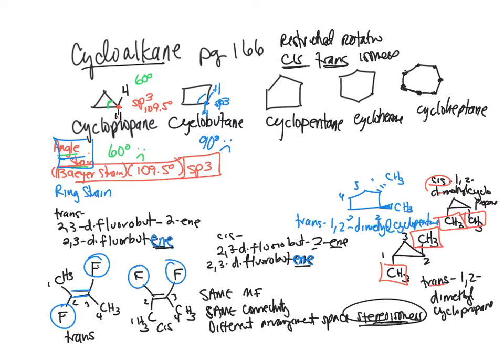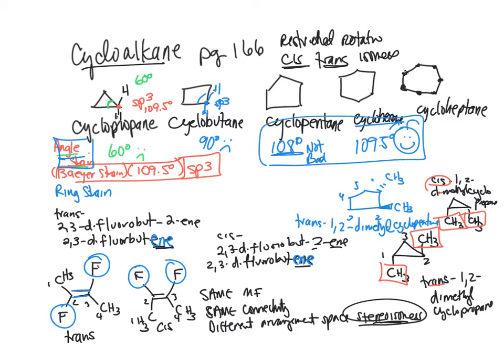What is the bond angle? Cyclopentane 108. So why did I put Celsius? 108 degrees. Okay, so that's not bad. And then when you finally get to cyclohexane, you have 109.5. Yay. So you'll see because of this, 5 and 6 membered rings are special.